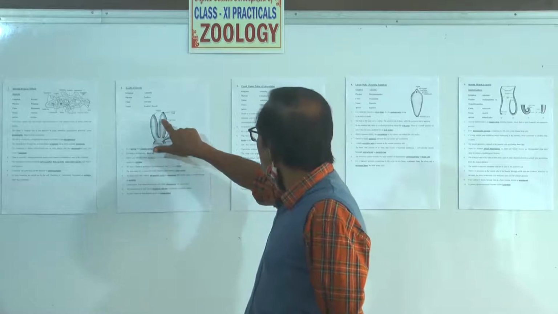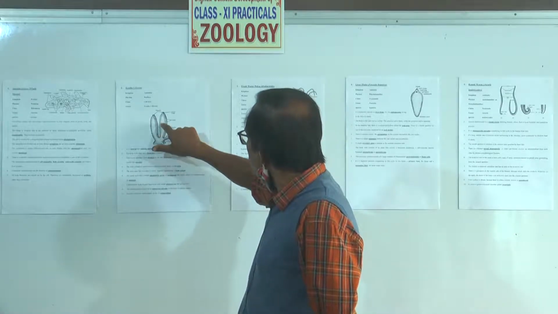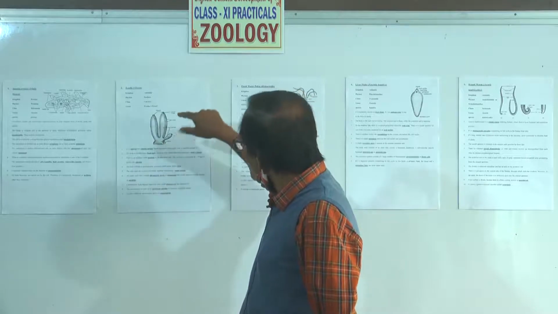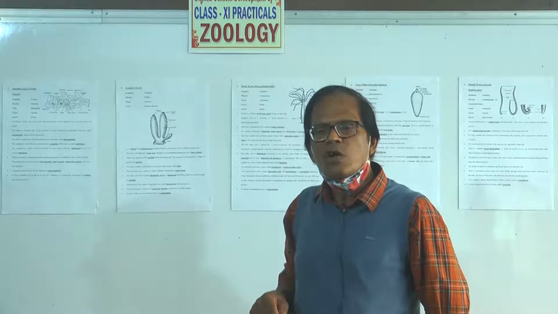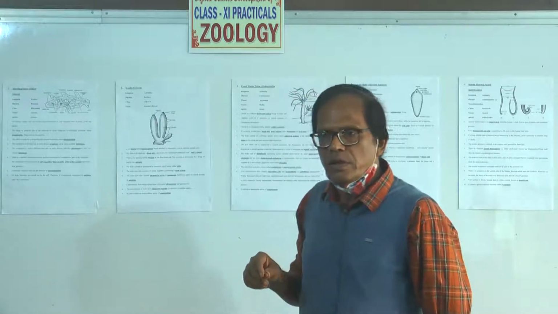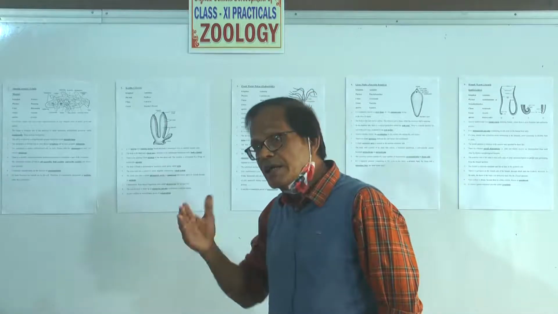So, these ostia are indeed not visible in the figure, but here will be the ostia. All the ostia open into a system of canals or channels. This system of canals together constitutes a canal system.